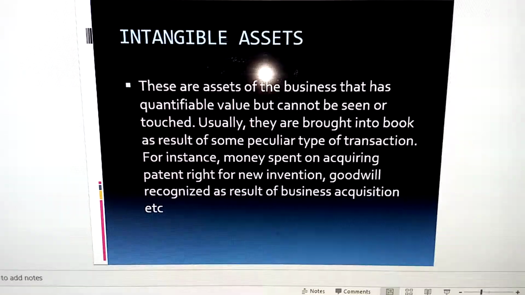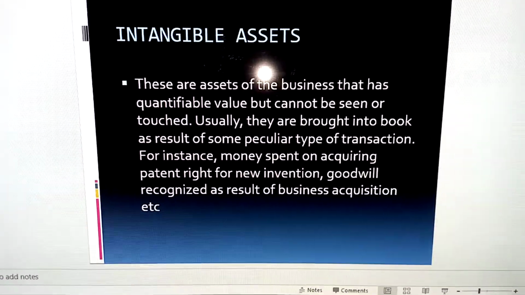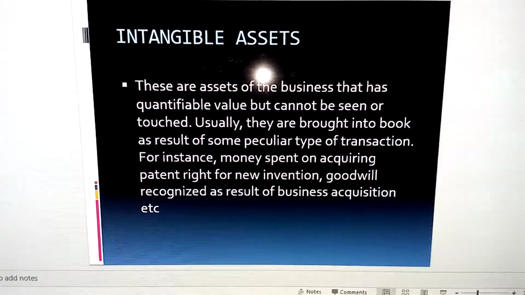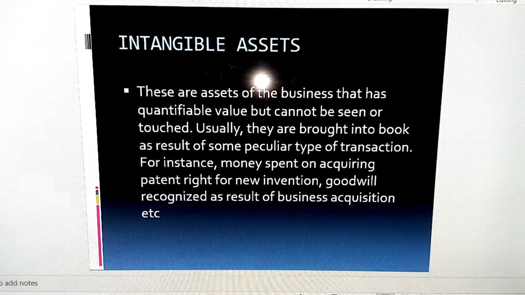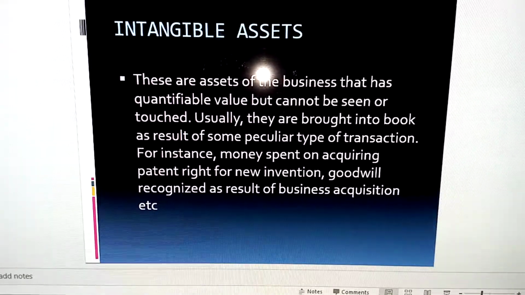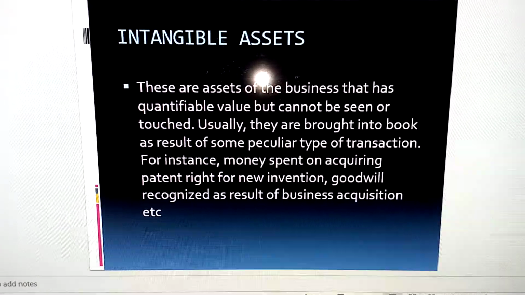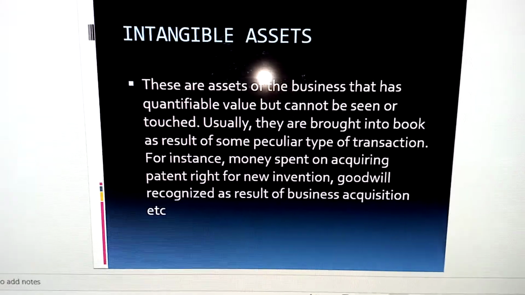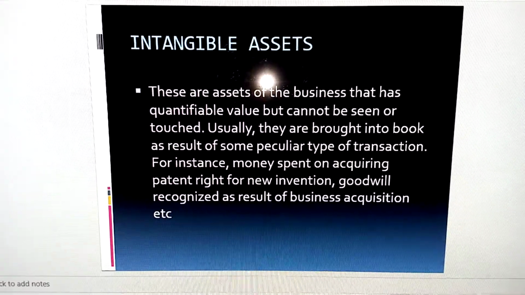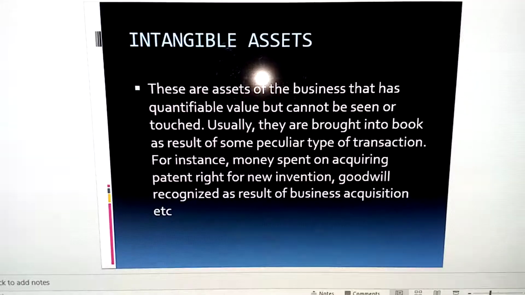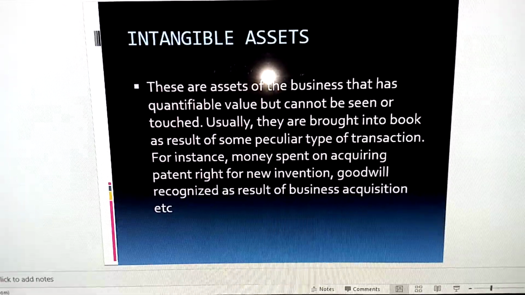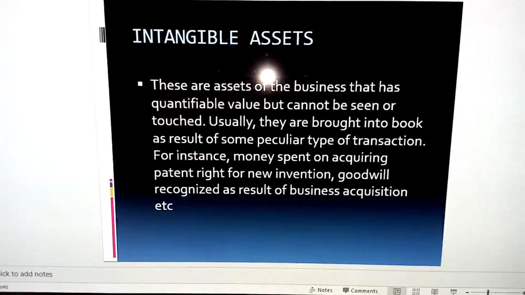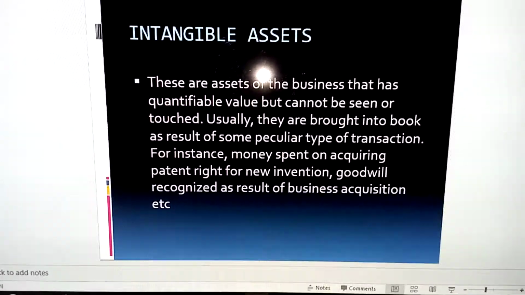Another example is what we call goodwill. Now, goodwill is also an intangible value of a business, recognized as a result of various factors, such as experience and impressive market share.